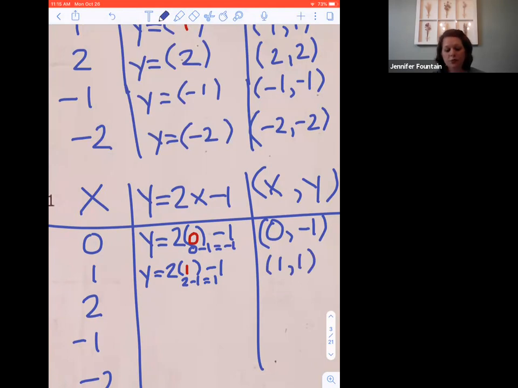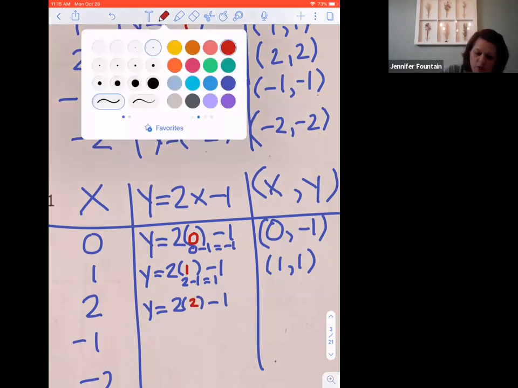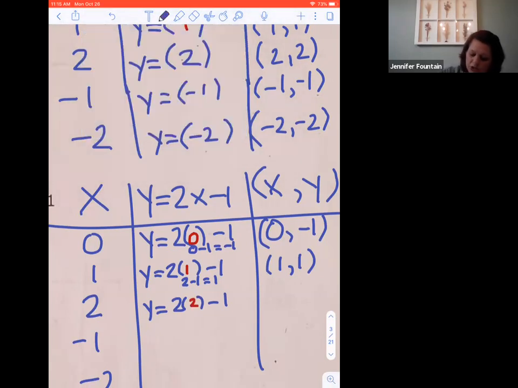Because 2 times 1 is 2, and 2 minus 1 is 1. Now let's solve for 2. I've got 2 times, got my parentheses set up, so I'm going to plug in my number 2. Now do my calculation. 2 times 2 is 4. 4 minus 1 equals 3. So if x is 2, y is 3.